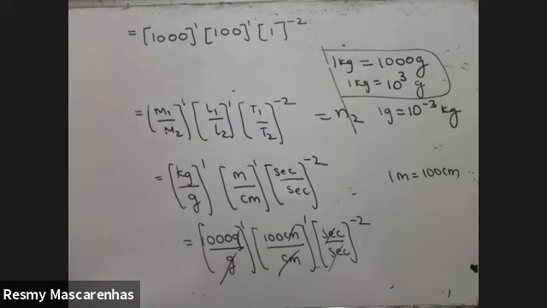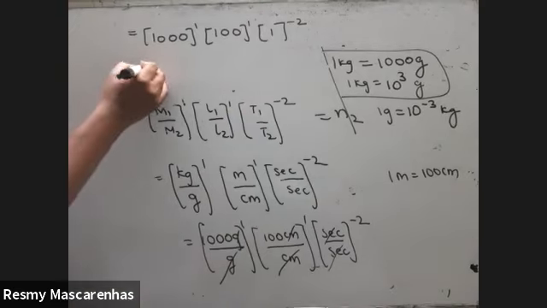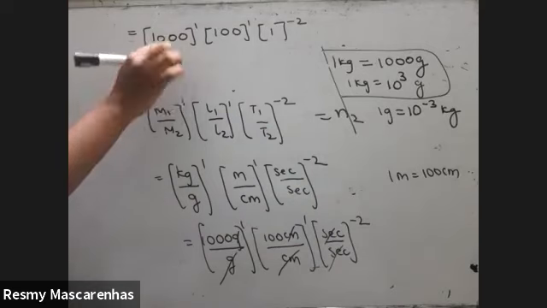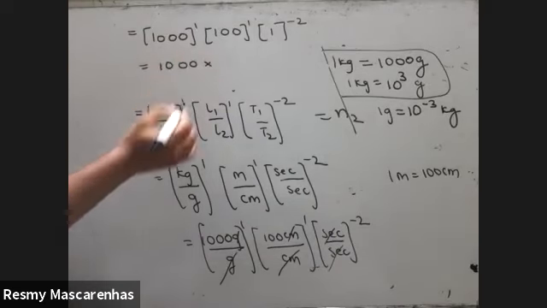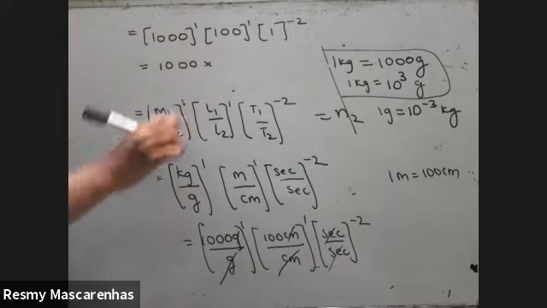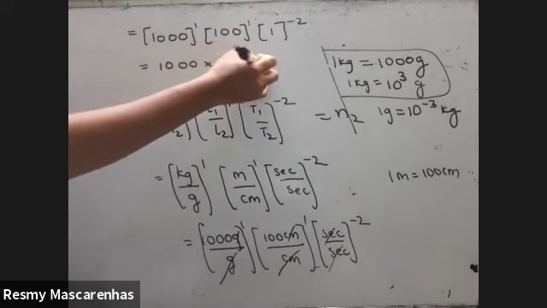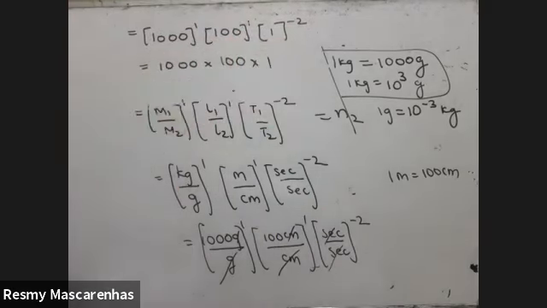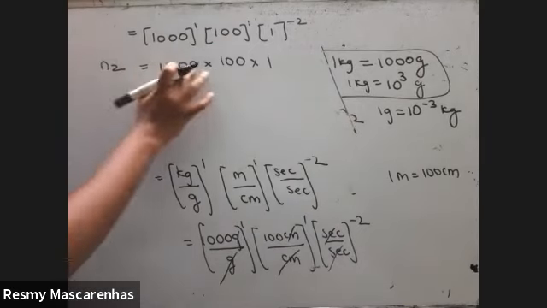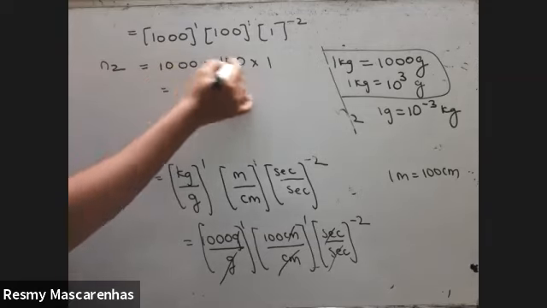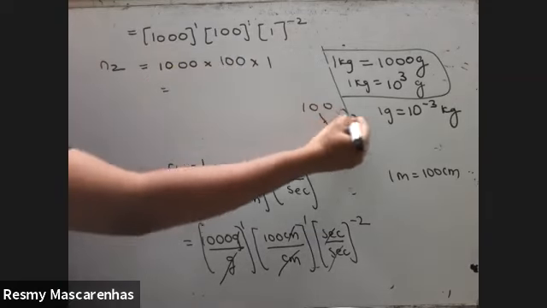Now we'll remove them from the bracket and write in terms of power. 1000 raised to 1 is 1000 only. This also raised to 1 is 100. 1 raised to any power is 1. So what is the calculation? Whenever you multiply these, don't waste time.